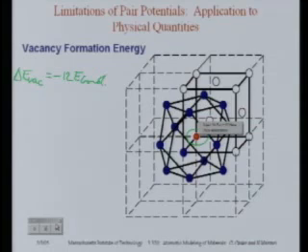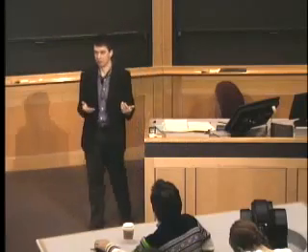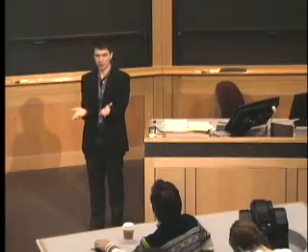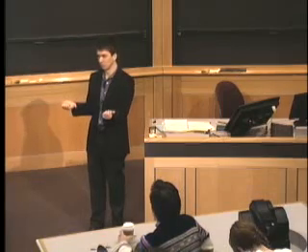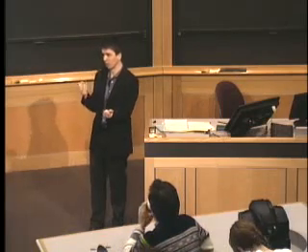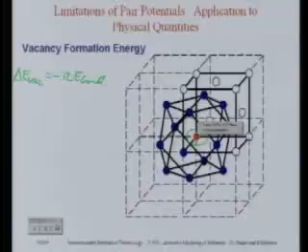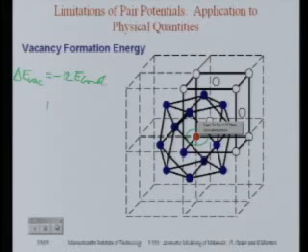And what's the cohesive energy per atom in FCC? It's 6 times the bond energy, because there are 12 bonds around an atom, but every bond is shared between 2. So there's 6 per atom. So the vacancy formation energy is really minus 12 times the bond energy plus 6 times the bond energy. So it's minus 6 times the bond energy.